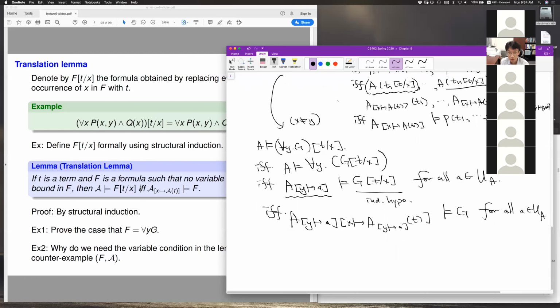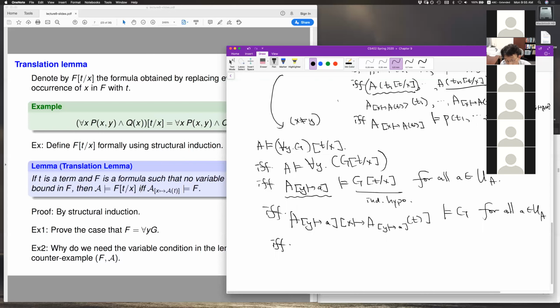And now we are using the assumptions of this translation lemma. The assumption is that any free variable appearing in T is not going to appear as a bound variable of the formula that we are dealing with. In particular, because Y is a bound variable, it will be different from any free variable in T. So this Y is not going to appear in T.